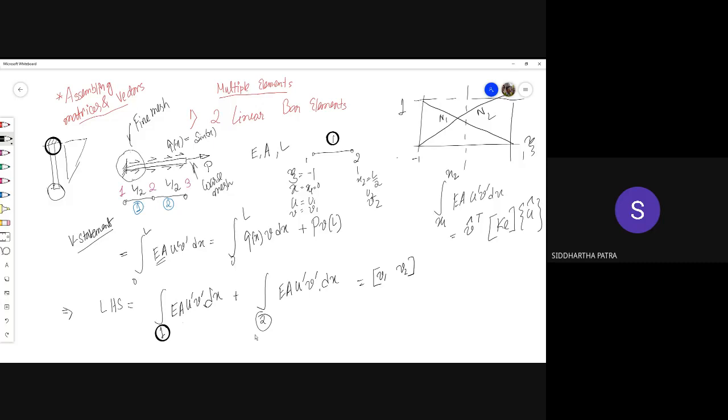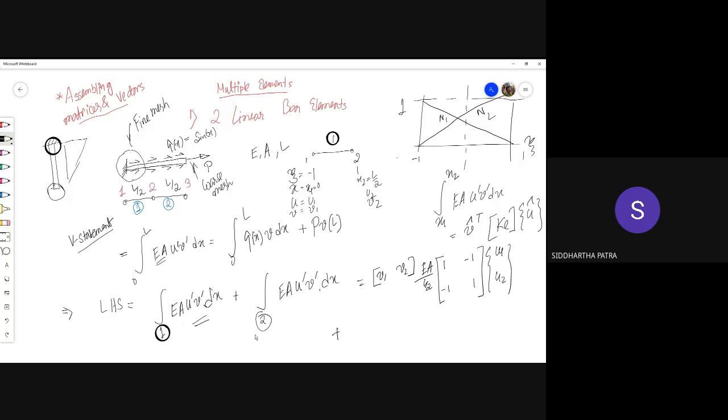Now, what would be the expression for the element stiffness matrix? It would be EA by LE. Now, the element length I have taken to be L by 2. So, there goes L by 2. Then 1, -1, 1. And this is just the first term being integrated. Then U1, U2.